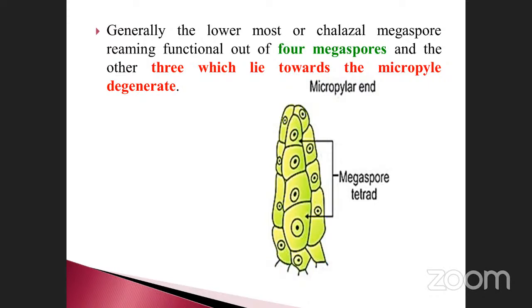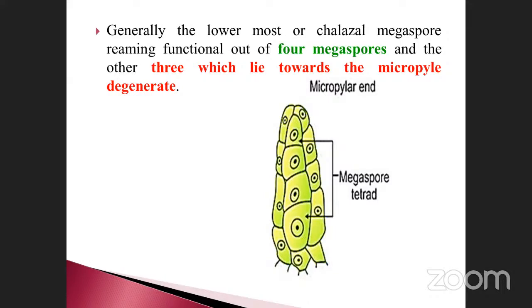It is near the chalaza part. These 3 are towards the micropyle. The other 3 which lie towards the micropyle degenerate. Only the chalazal cell remains. Okay, this is very, very important.